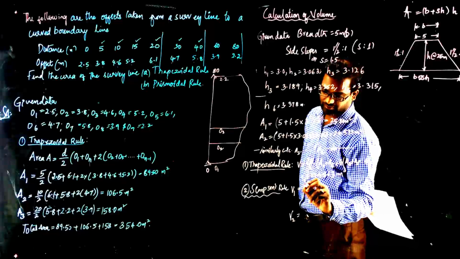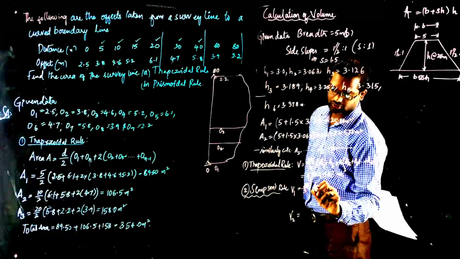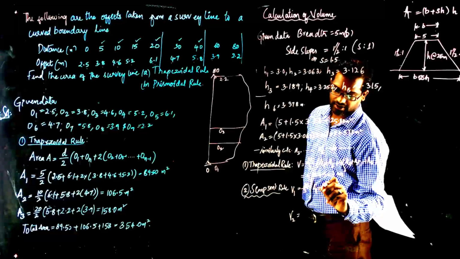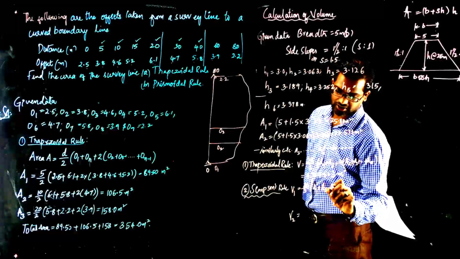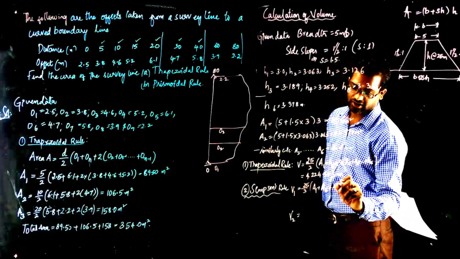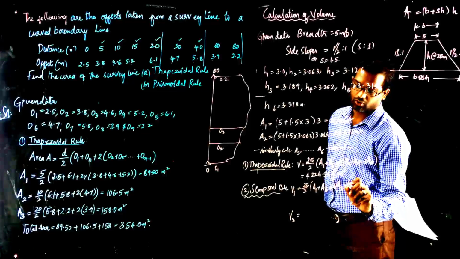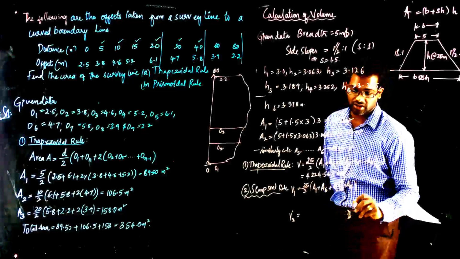So V1 is given by D by 3 into first ordinate plus last ordinate plus 4 times even ordinates, which are A2 and A4, correct?